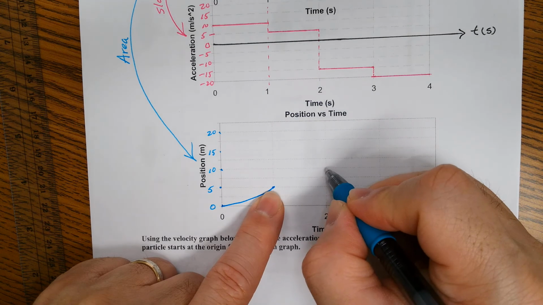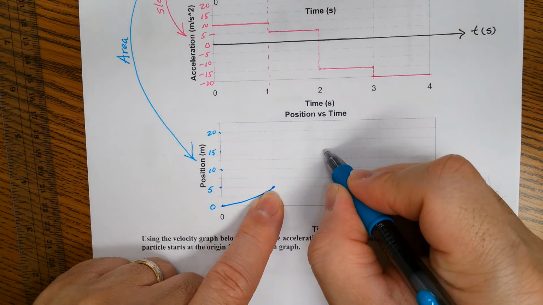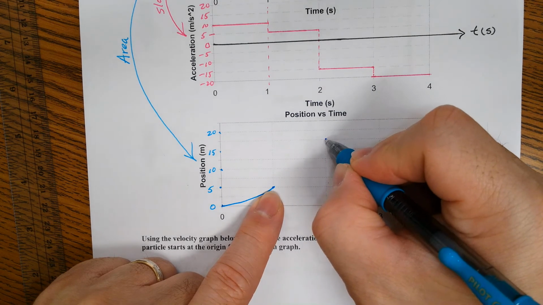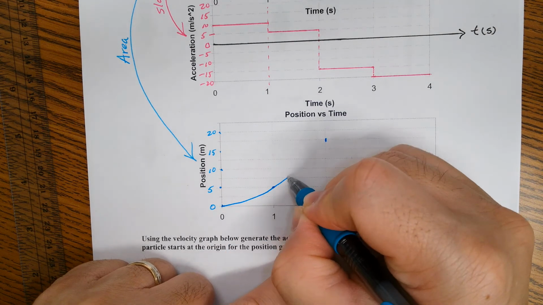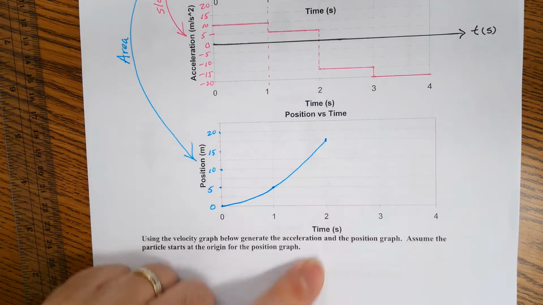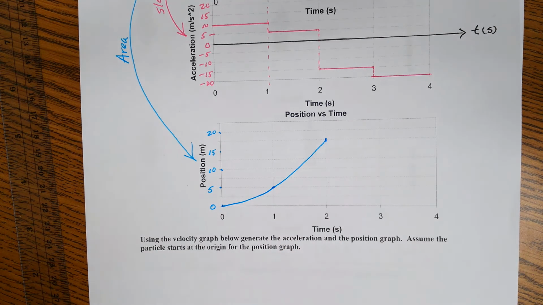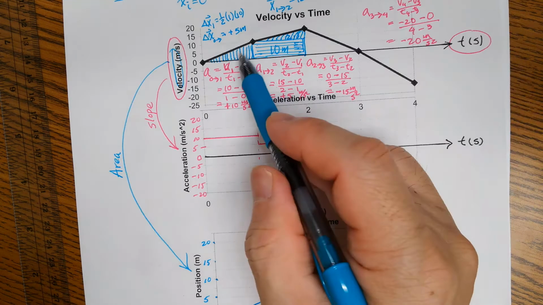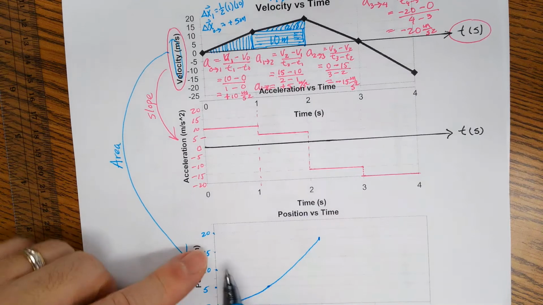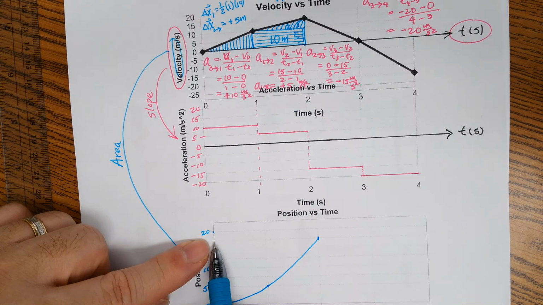So that's 5, 10, 12.5, and it's going to go like that, because the total of this plus this should be 17.5, and boom, it's 17.5.